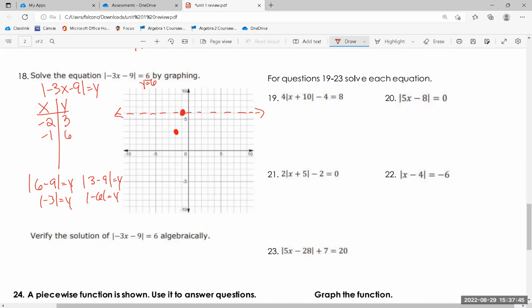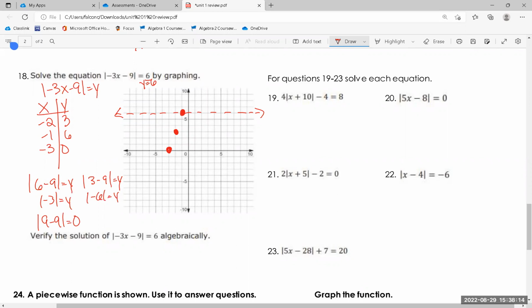Okay, looks like my graph is going up. So I'm going to plug in something less than negative 2, so negative 3. If I plugged in negative 3, that would give me 9 minus 9, which is 0. Okay, so that's going to be my vertex. And since this is an absolute value graph, it's symmetrical, so I can just mirror everything over the vertex.